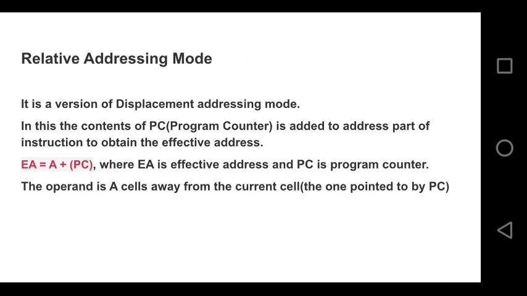So the program counter value is added to this subroutine address, and the program counter value is incremented so that you can fetch the next instructions in the subroutine. So this is the effective address. PC is the program counter, the operand is a cell away from the current cell.